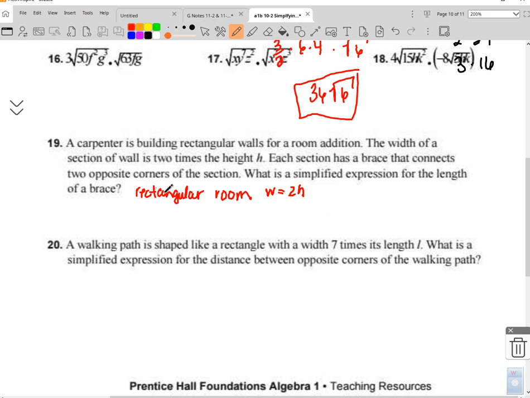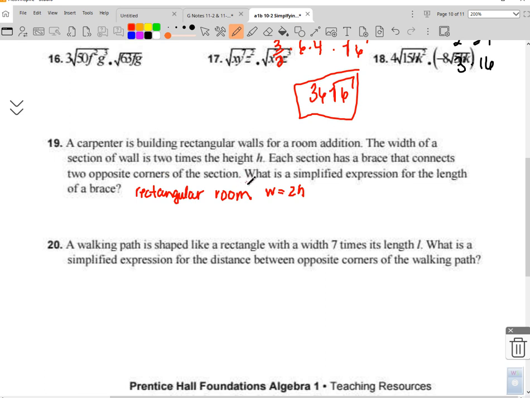This is example 800. I don't know how many examples we've done now, but this is the next example. This is an example for number 22. It's going to look like number 22 or similar. So a rectangular room, the width is 2 times the height, and it says each section has a brace that connects 2 opposite corners of the room.